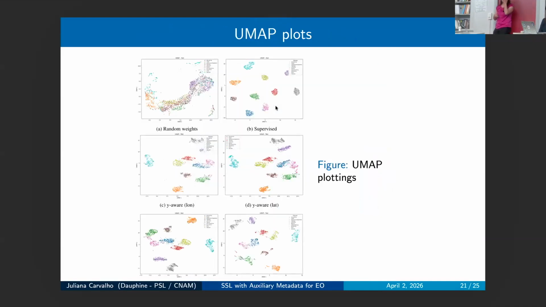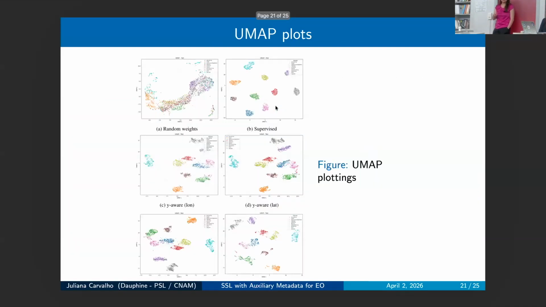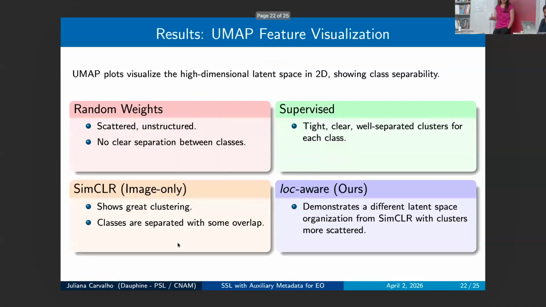And those are our UMAP plots showing the organization of the space, which basically shows that we have a very organized space for the supervised setting and an unorganized one for the random weights. And ours is in between. It's similar to SimCLR, but it's more informed.